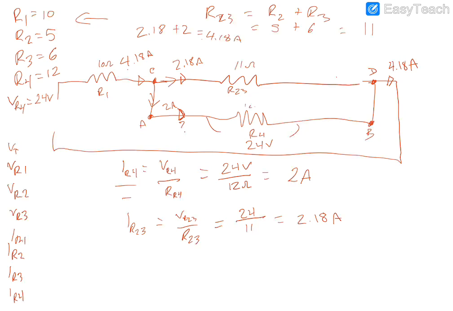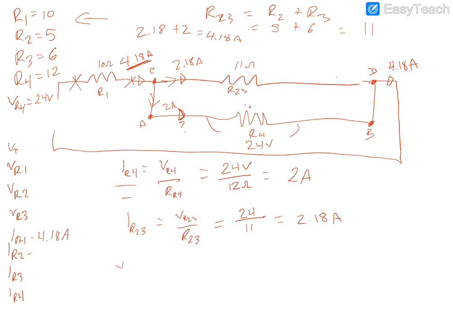Well, if we know what the current value is here, we now know that the current of R1, because whatever current value exists here also exists there, is going to be 4.18 amps. Because we know that, now we can find the voltage.